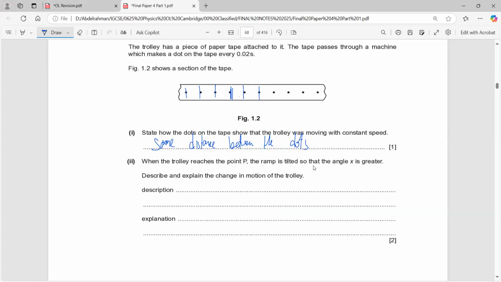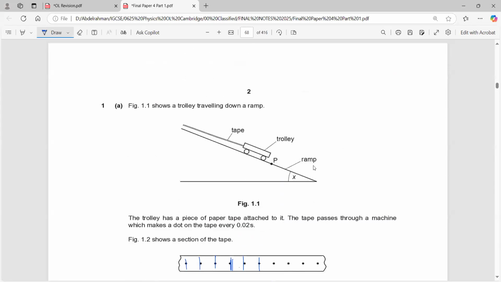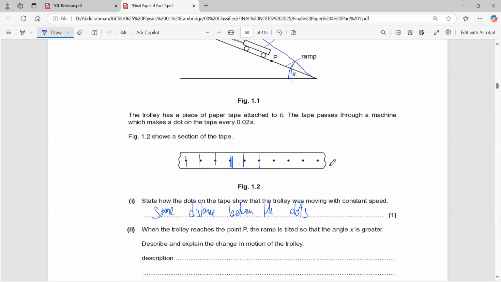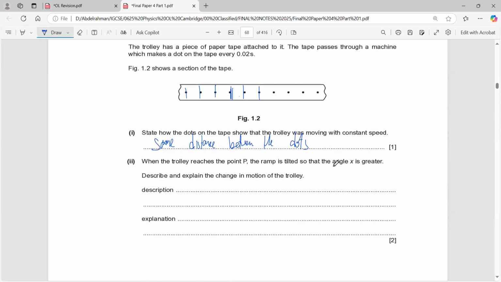When the trolley reaches point P, the ramp is tilted so that the angle is greater. The angle X is greater. يعني دلوقتي how will it look like? It will be something like this. That it's tilted and angle X that is increased. Angle X is greater. What happens? Describe and explain the change in motion of the trolley.